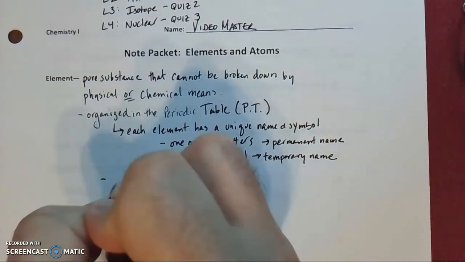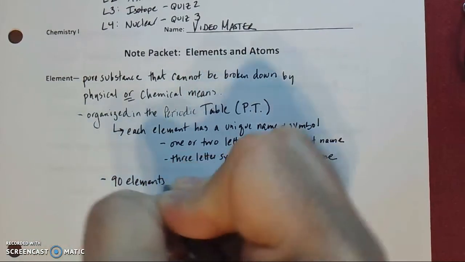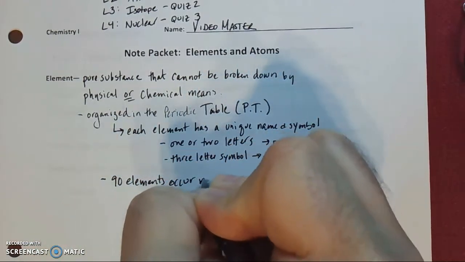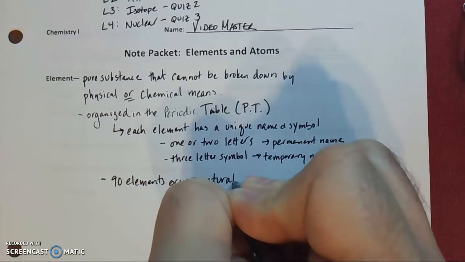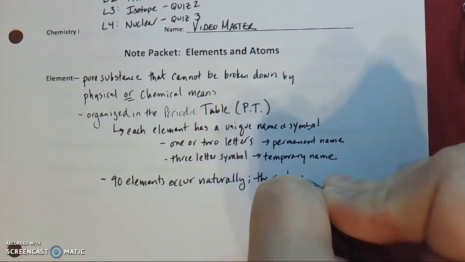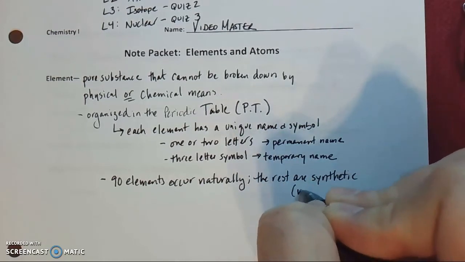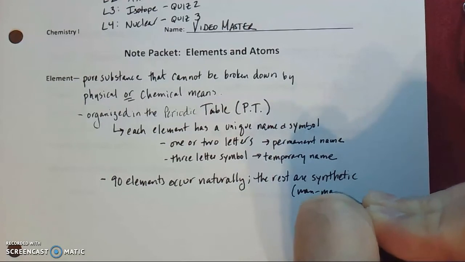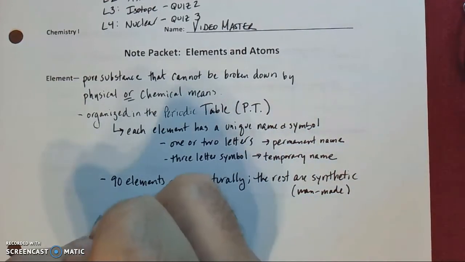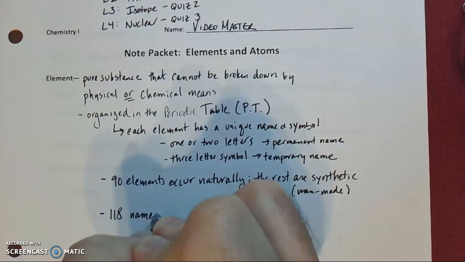So if we were to count, 90 elements occur naturally. The rest are synthetic or man-made. And right now we have 118 named elements.